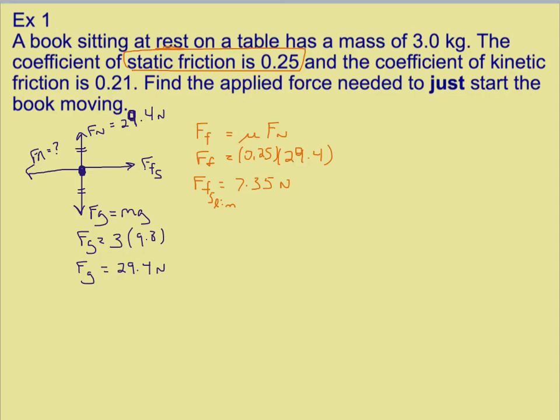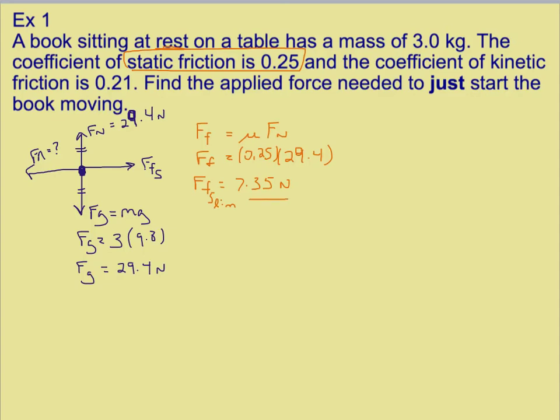So in this case, if the limiting static friction is 7.35, if I push with 5 newtons, the thing will only resist with 5 and it's not going to move. If I increase my applied force and make it 6 newtons, static friction will increase to 6 newtons. Again, it's not going to move. I increase to 7 newtons, it increases to 7 newtons. Again, it doesn't move. The maximum it can resist with, though, is 7.35 newtons.